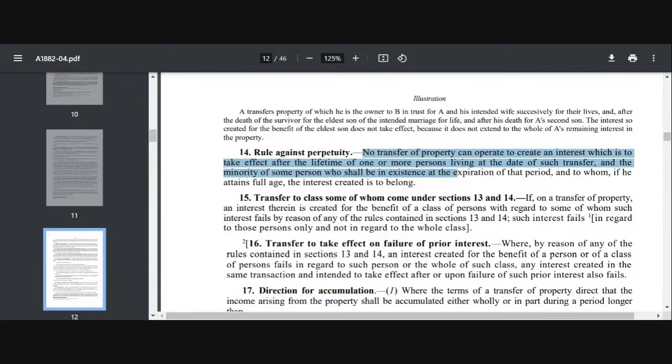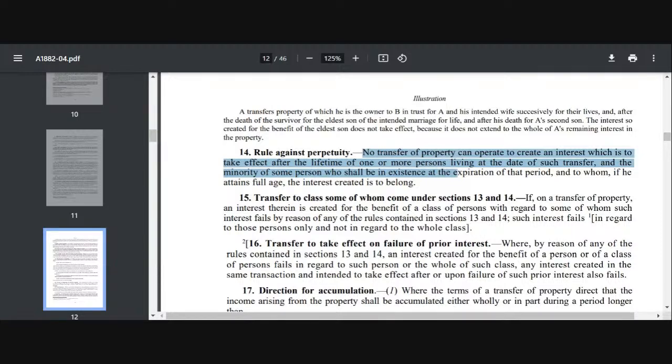It should be the life of preceding interest plus the period of gestation, जब तक बच्चा मम्मी के अपने वुम में है, प्लस माइनॉरिटी ऑफ द अल्टीमेट बेनिफिशियरी. दैट मीन्स जैसे ही बच्चा मेजर होता है, आप उसको उसका इंटरेस्ट, उसकी प्रॉपर्टी यू गिव इट टू हिम. So the maximum permissible remoteness of vesting is the life of the preceding interest plus the gestation period of the ultimate beneficiary plus minority. So section 13 and 14 is really important in that regard.